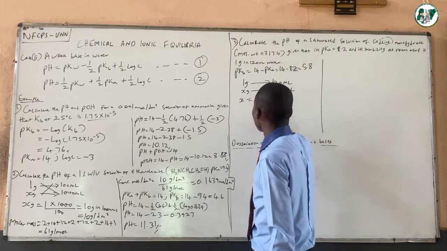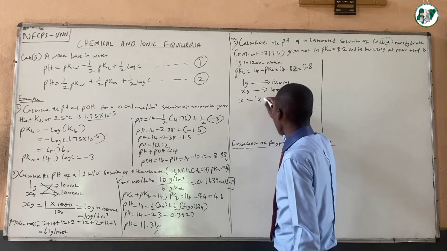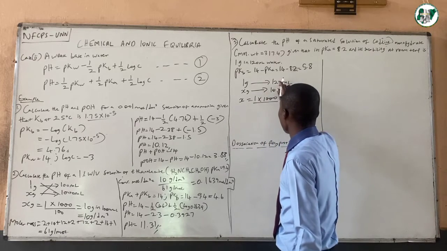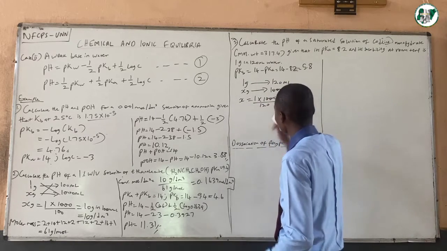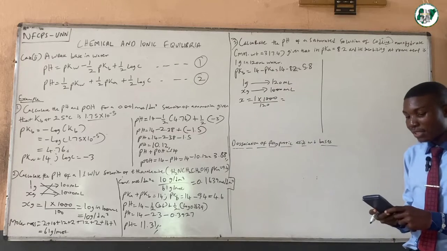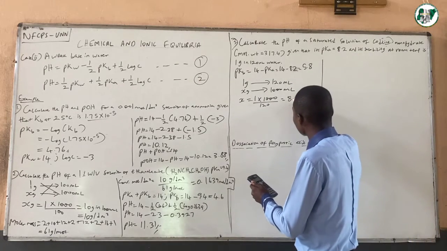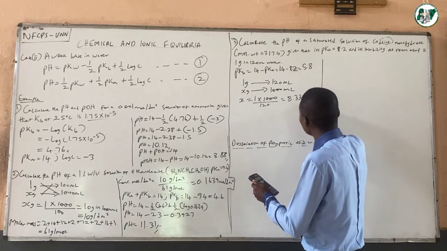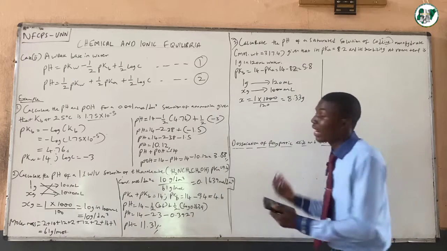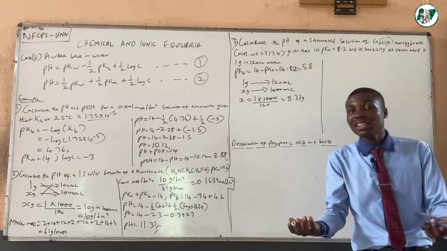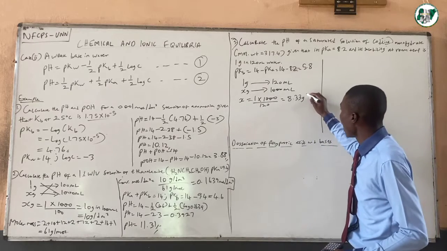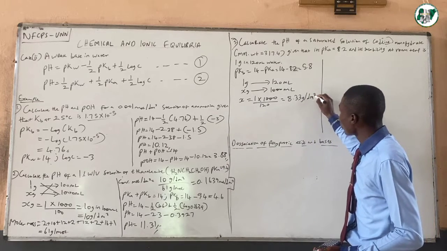Our X will now be equal to 1 times 1000 divided by 120. That's going to give us 8.33 gram in 1000 ml. And since that is 1 dm cube, that will be 8.33 gram per dm cube.